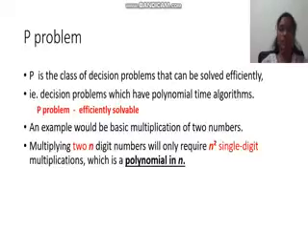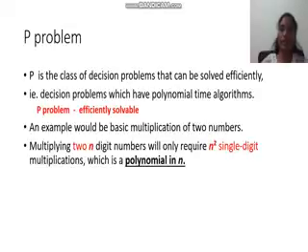Now the P class problems are the class of decision problems that can be solved very efficiently, in polynomial time. For example, take normal multiplication of two numbers. If the number is n digits, it will require n square single digit multiplications.